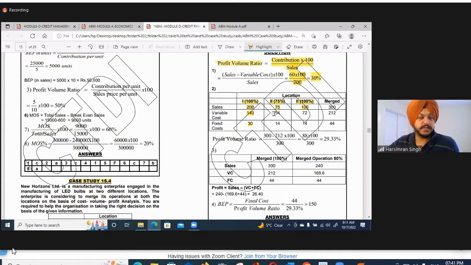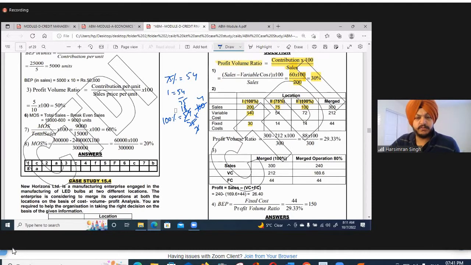Variable cost will also change. How will this change? If 75% is equal to 54, that means 1% is equal to 54 by 75, and 100% is equal to 54 by 75 into 100. 25 3s are 75, 25 4s are 100. 3 1s are 3, 3 8s are 24, right?